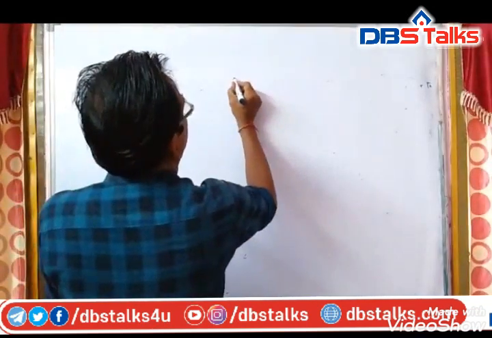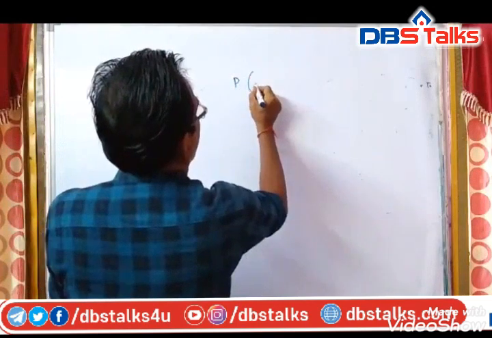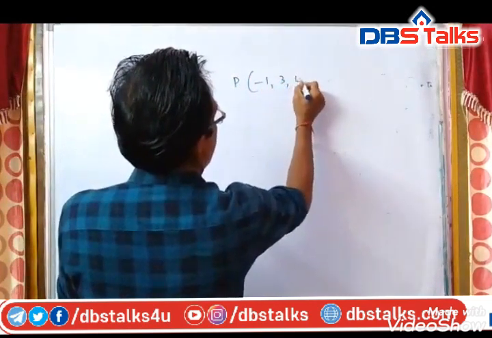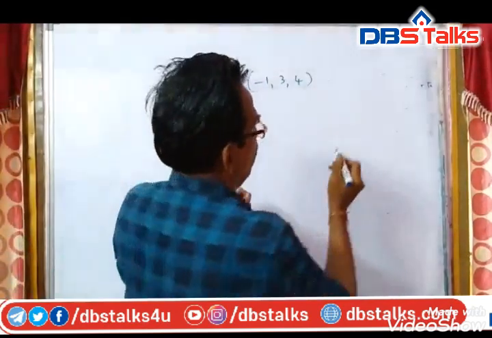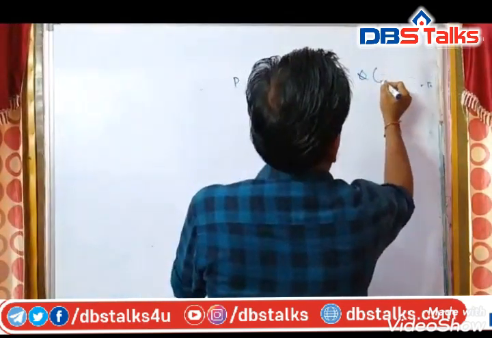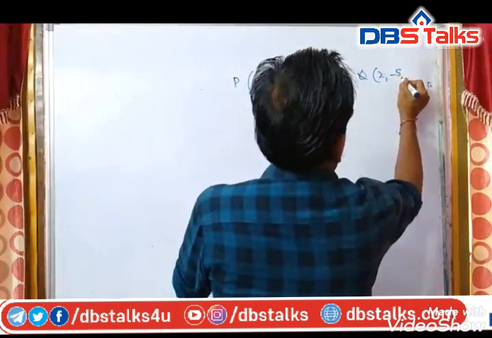This is a small problem, friends. Find the ratio in which the xy plane divides the line segment joining P minus 1, 3, 4 and Q 2, minus 5, 6.